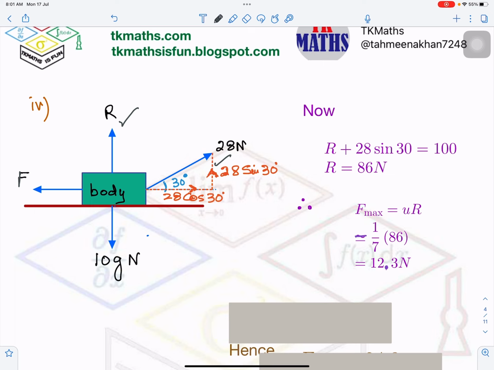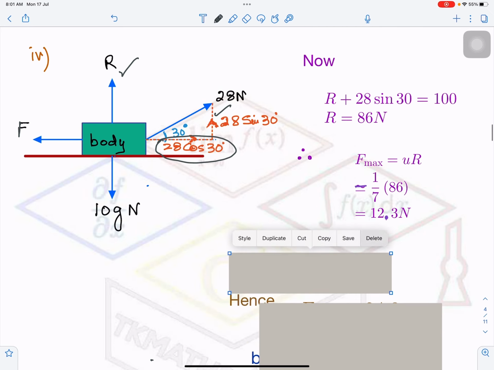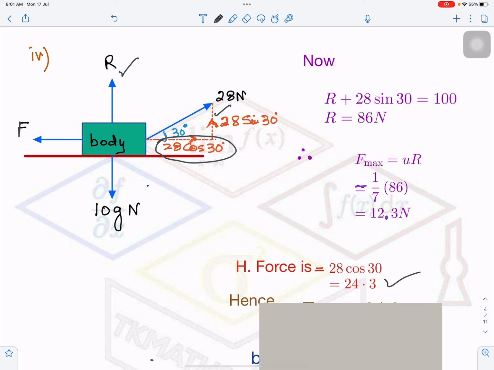Now I will see what my forward, horizontal force is in this case, that is, the force in the direction in which the body will move. If I see here, that is 24.3. So I am pulling this body with the force 24.3 and the frictional force is 12.3.